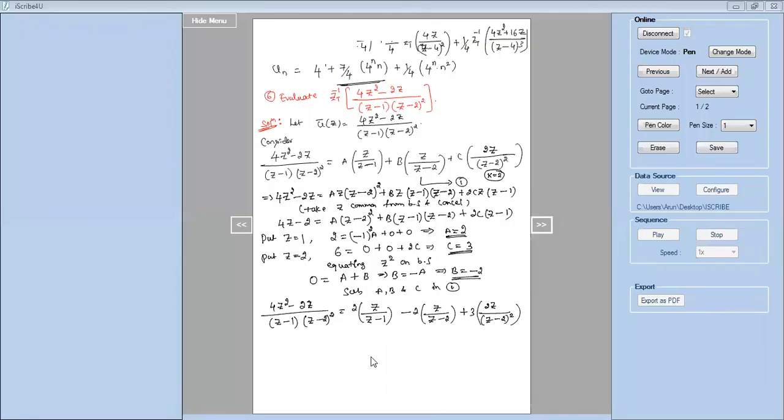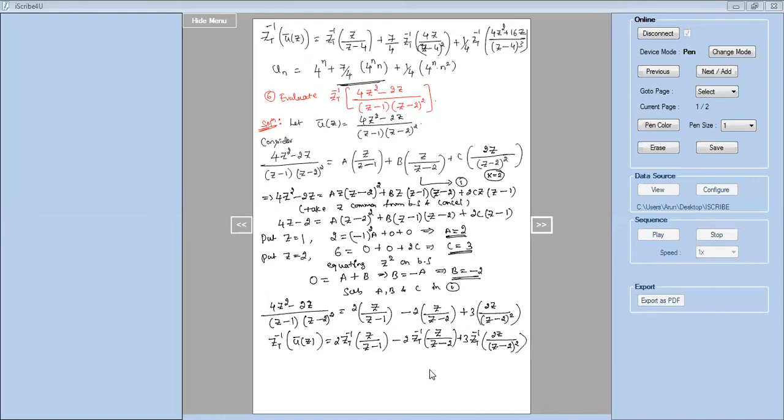So let us take inverse Z transformation on both sides. The left hand side is U bar of Z. So the right hand side is 2 times ZT inverse of Z by Z minus 1, minus 2 times ZT inverse of Z by Z minus 2, plus 3 times ZT inverse of 2Z by Z minus 2 whole square.